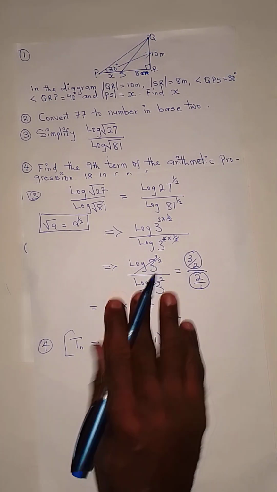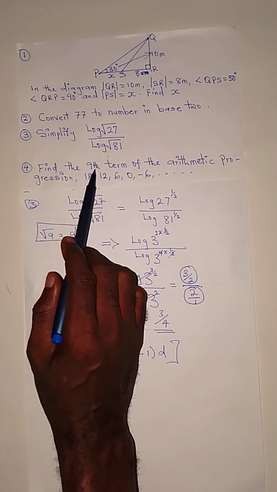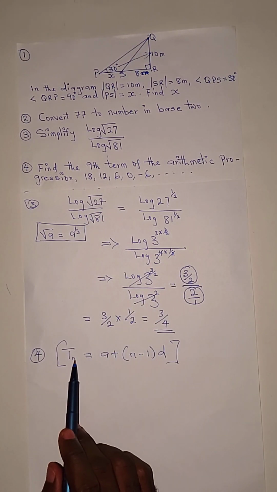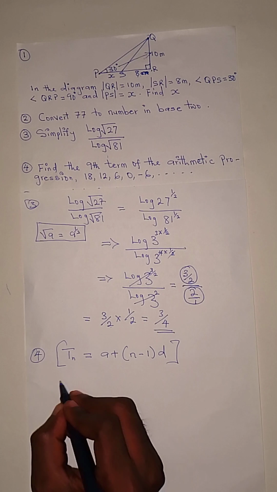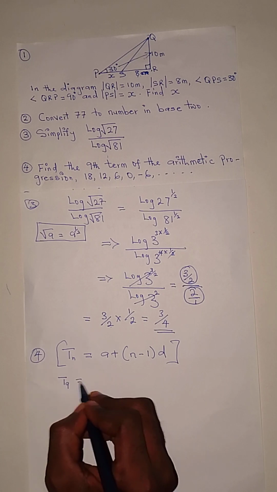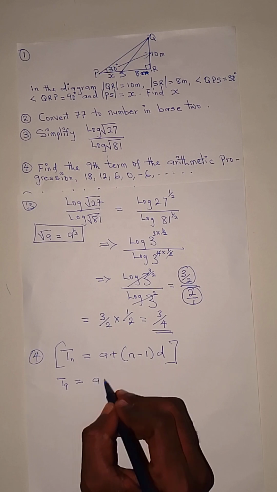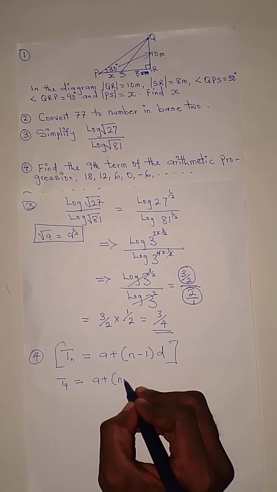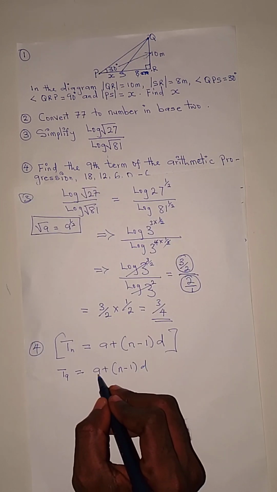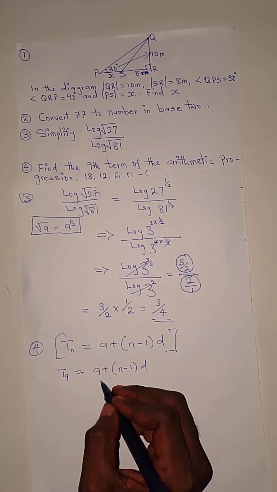So in this question, we are asked to find the ninth term. So this n now becomes 9. Okay. So we can say that the ninth term is equal to A plus open bracket n minus 1 close bracket d. Now what is this A? A means first term.